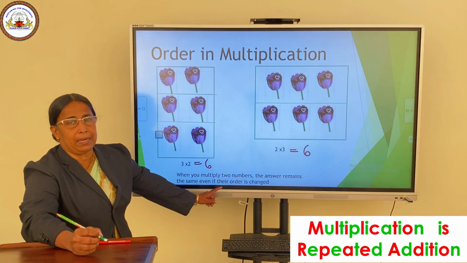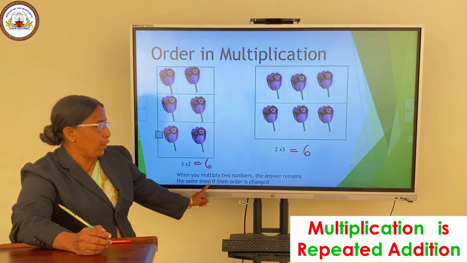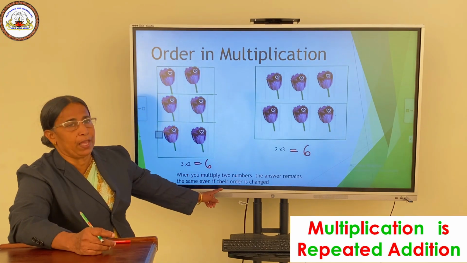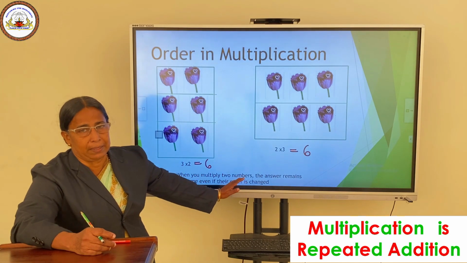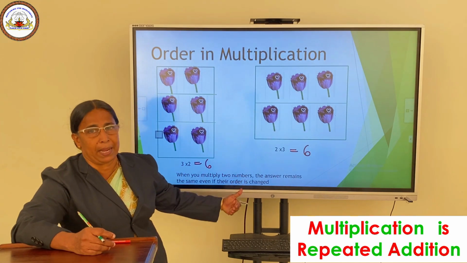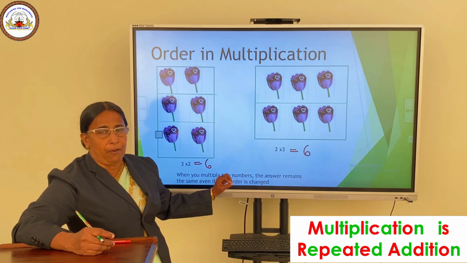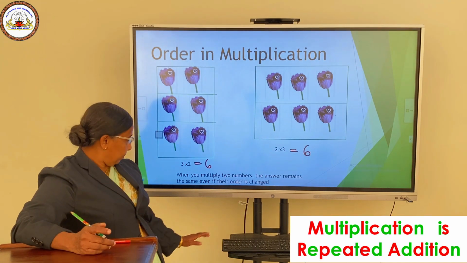So we can conclude that when you multiply 2 numbers, the answer remains same even if their order is changed. In other words, numbers can be multiplied in any order. The order does not affect the product.